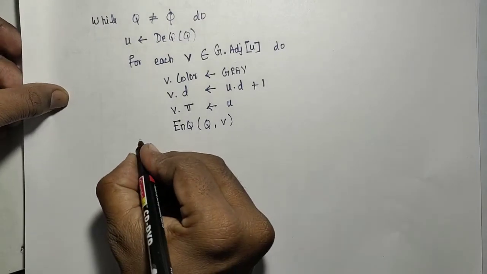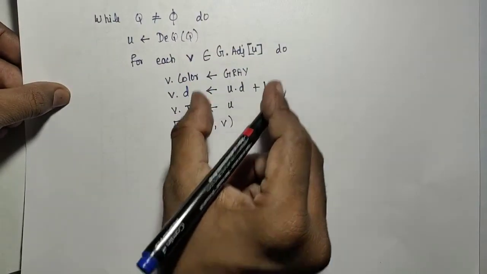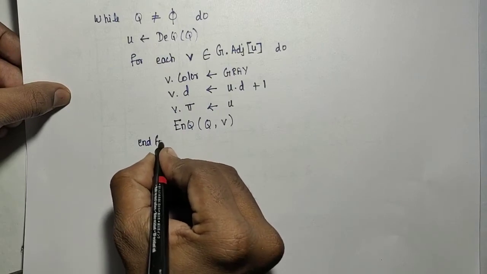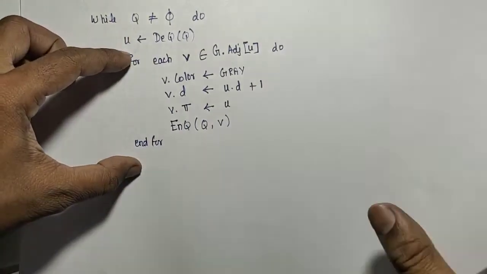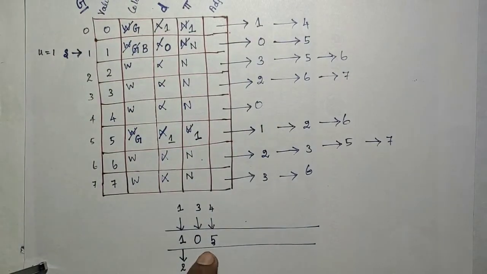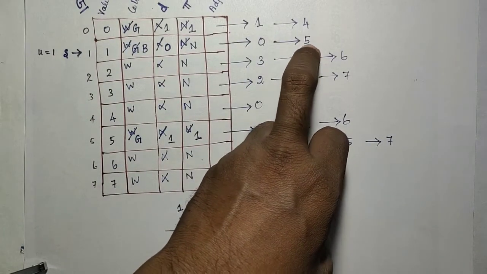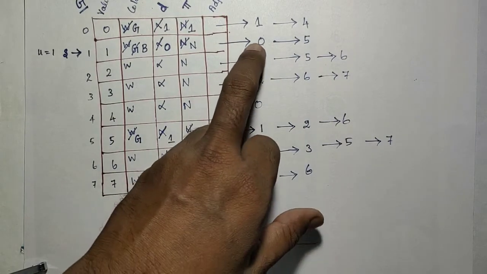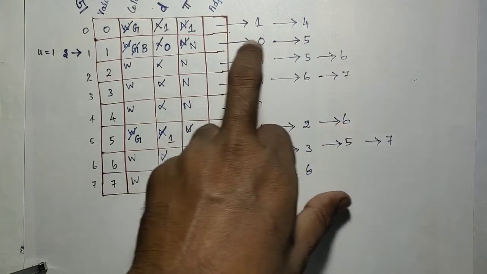So end for. This procedure needs to be repeated for all the adjacent nodes. The loop will be executed for V equal to 0, it will complete and be enqueued. And for V equal to 5, it will complete that visit and be enqueued. So now all these adjacent nodes' visiting is over.